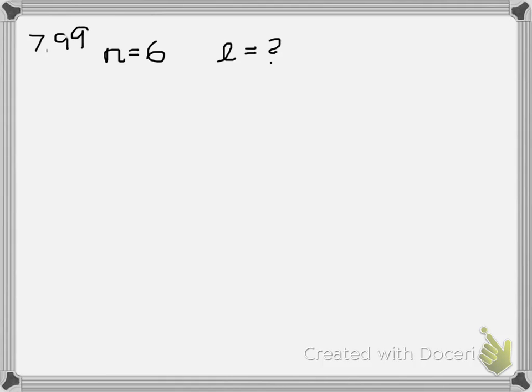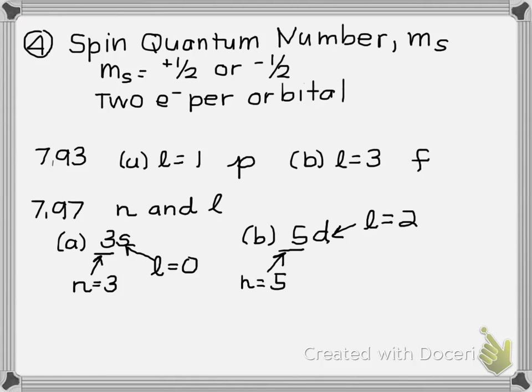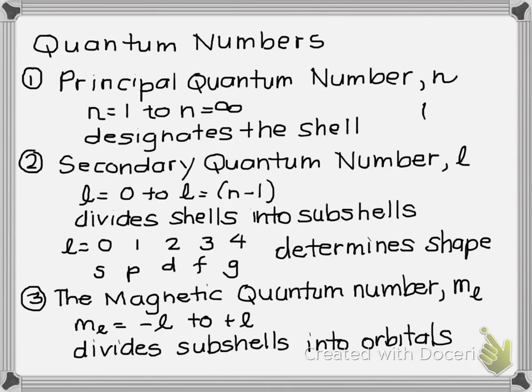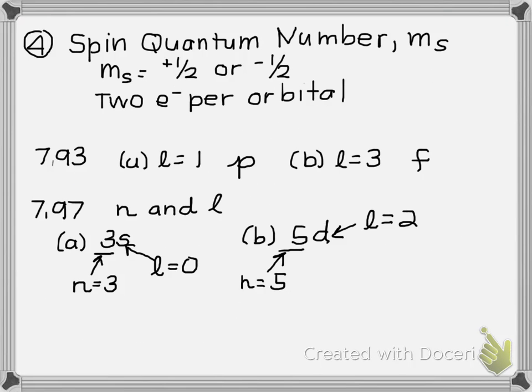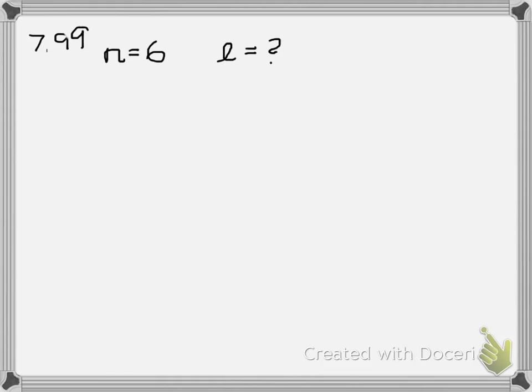Well, let's look back. If you looked back to the first page, we see that l can have a value from 0 all the way to l equals n minus 1. So l will equal 0, 1, 2, 3, 4.